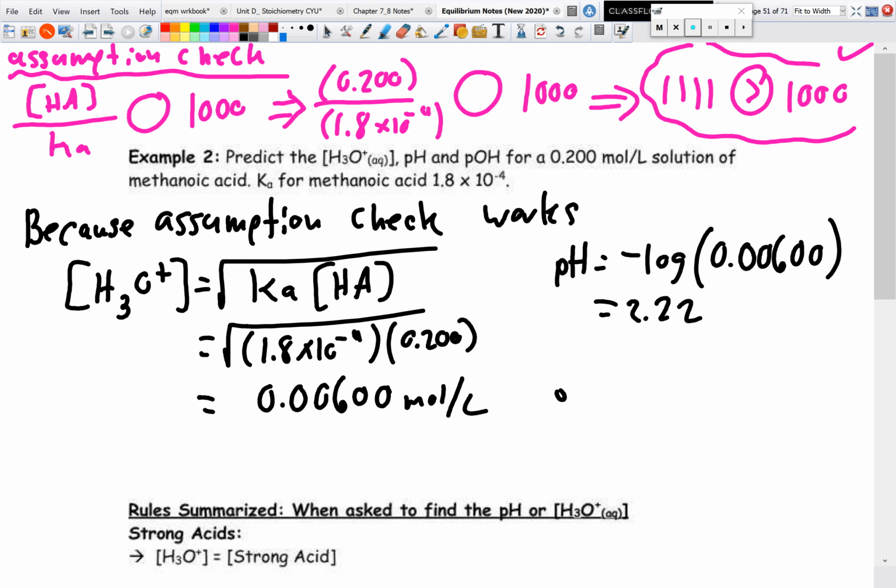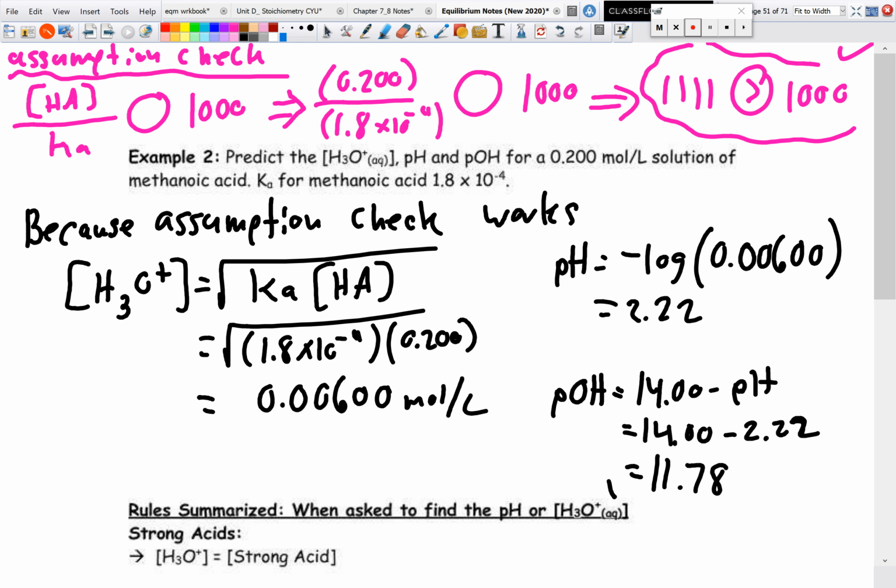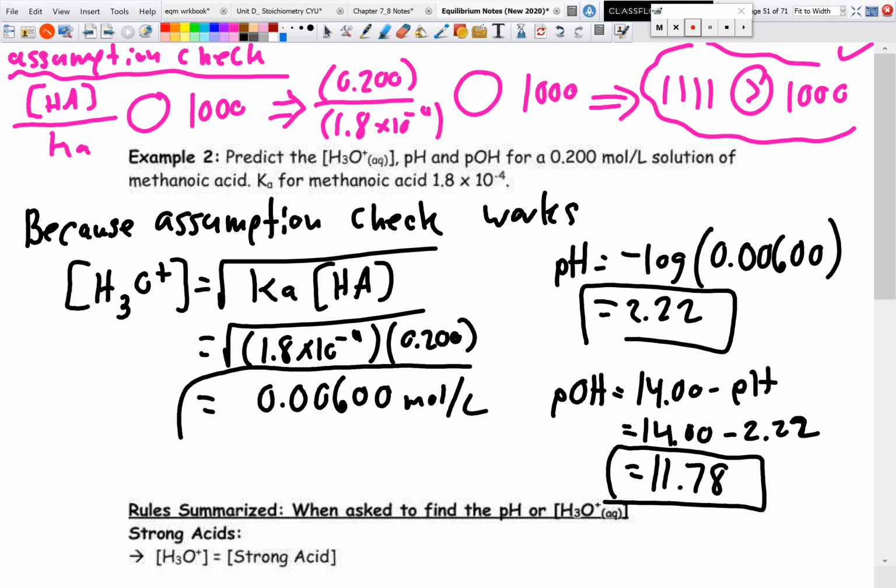And remember, pOH is equal to 14.00 minus pH. We go 14.00 minus 2.22, and we get 11.78. So there's pOH, there's pH, and there is hydronium.